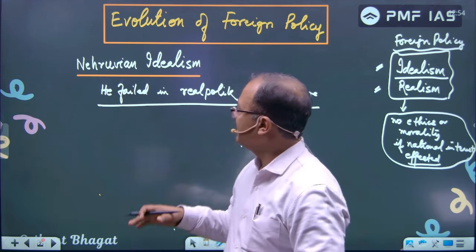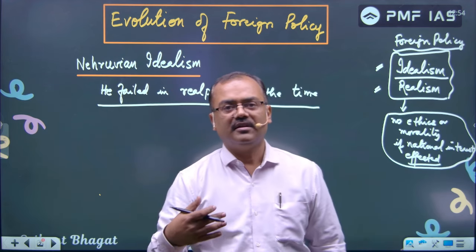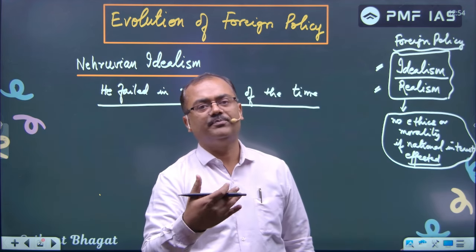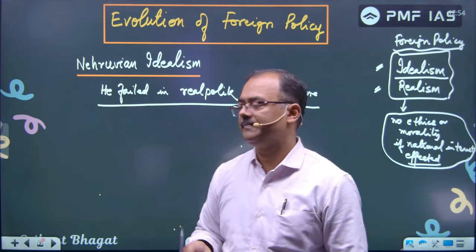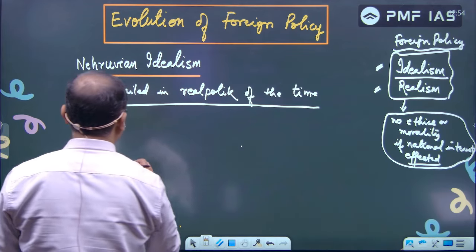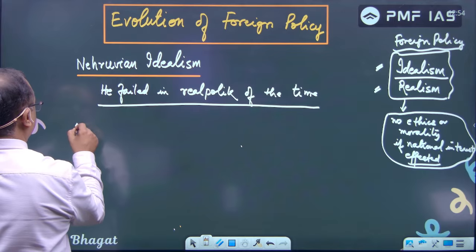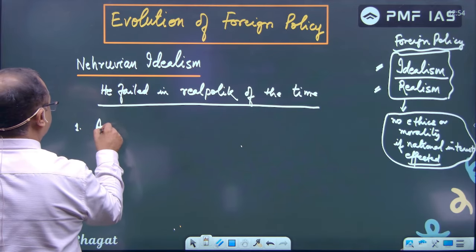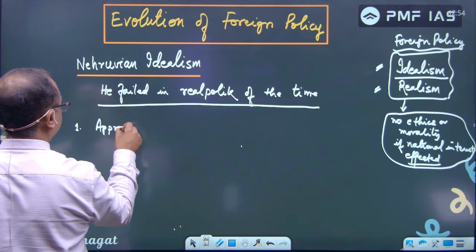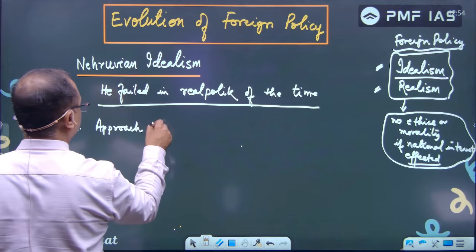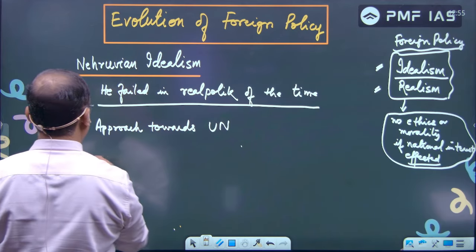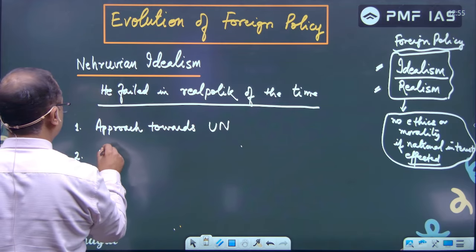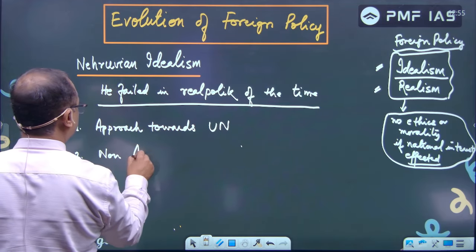So first, to understand Nehru's idealism, during Nehru's period, certain important segments of foreign policy we have to classify. So these policy segments are: number one, his approach towards UN. Number two, non-alignment.